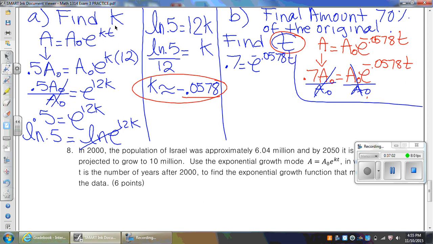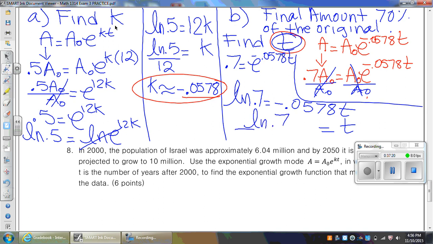Remember, we're solving for t. So here we can take the natural log of 0.7, and that will equal negative 0.0578 times t. And finally, to solve for t, it will be the natural log of 0.7 divided by negative 0.0578. And then we will get an approximation.